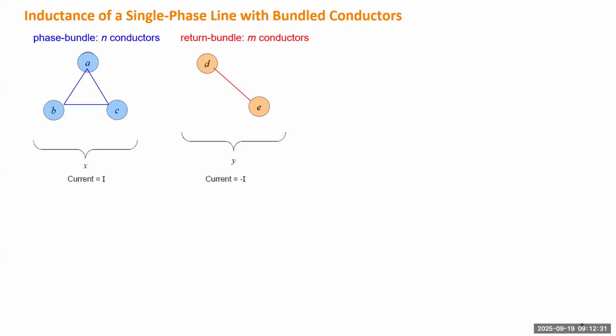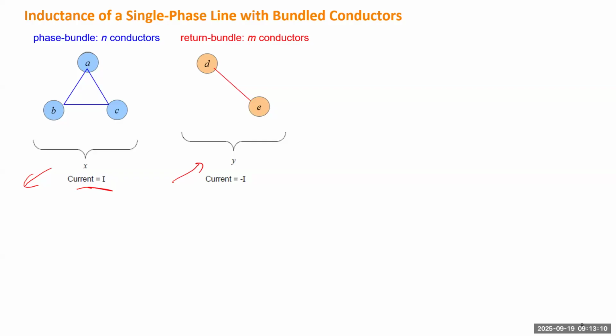Then let's move to more complex cases. For example, let's think about the single phase AC circuit. We have one transmission line sending current I, maybe coming out from the screen, and we also have another line sending the current back into the screen, so the current will be negative I. But we make one line have three conductors as a bundle, and the other line have two conductors as a bundle.